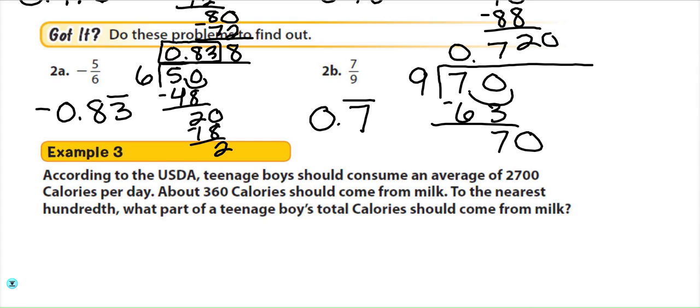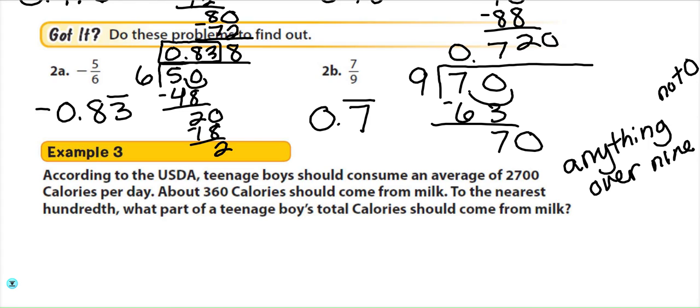So anything over 9, well, anything but 0. Let me put it that way. Here, I'll put not 0. Okay, anything not 0, over 9 will repeat.